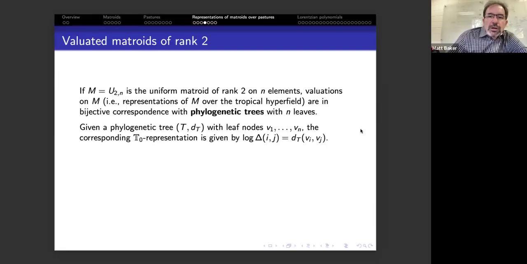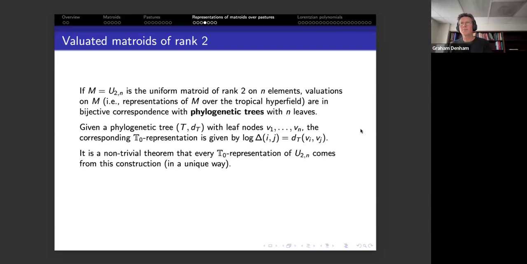And the logarithm of the determinant function here is just the tree distance. So this is a very nice, beautiful classical fact interpreted in the language that I'm using here. By the way, technically speaking, to make this true, you have to allow negative lengths on your trees. But this won't concern us.